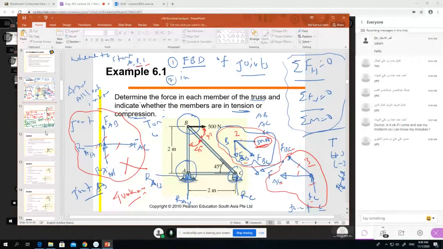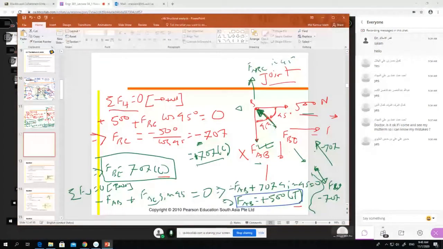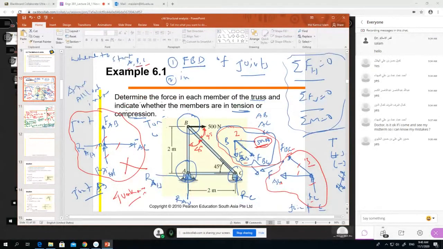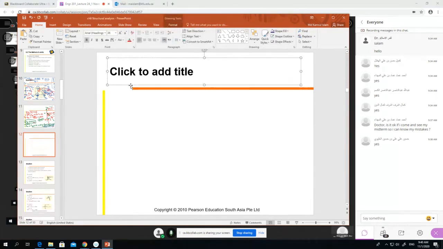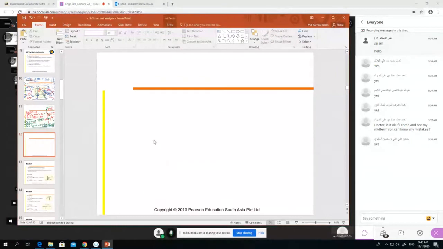So for joint C, what is happening at joint C? Right, so let's draw the joint C, and we take the joint C now.